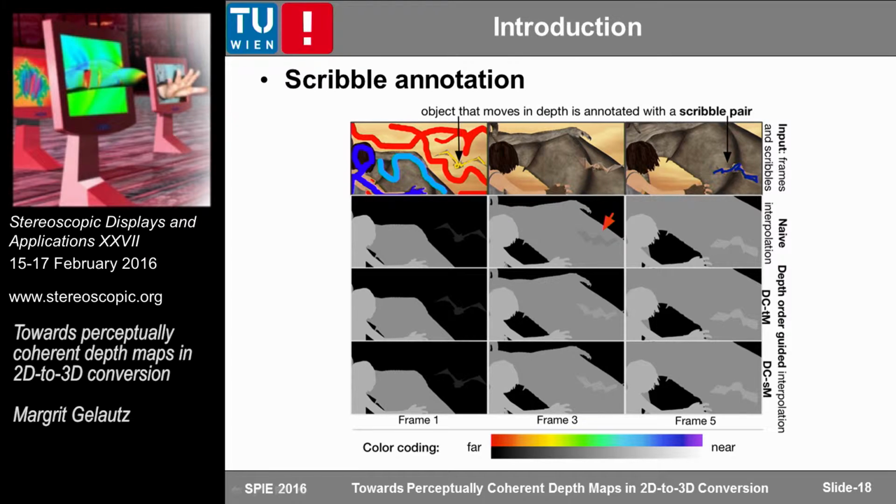And what happens now if we just do a straightforward depth interpolation between the first and the last frame for this particular scribble?